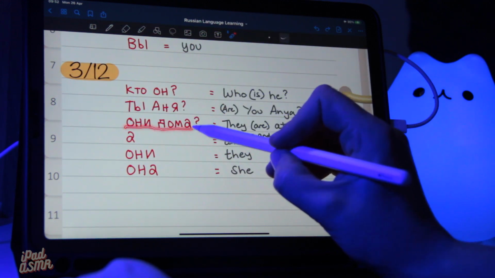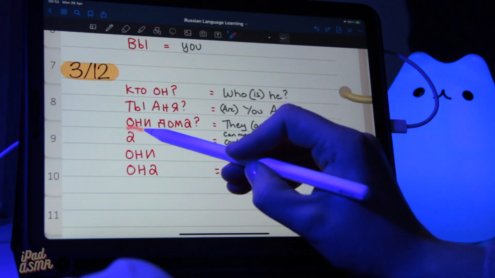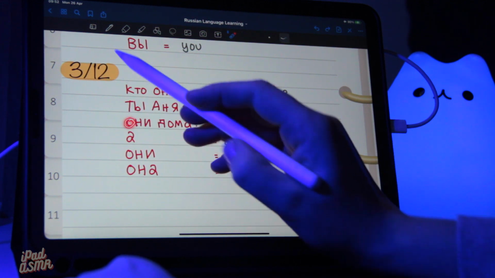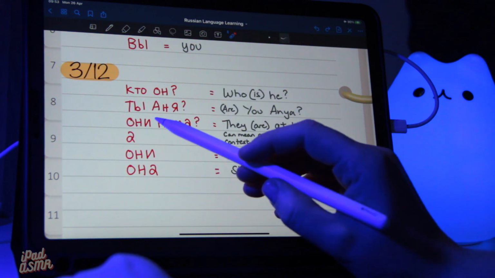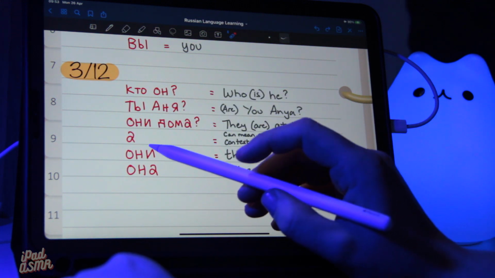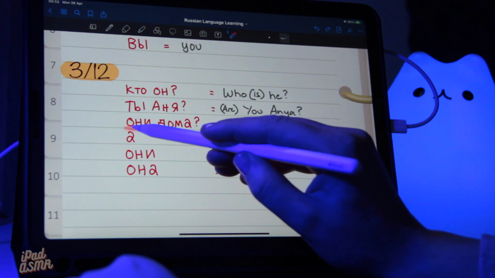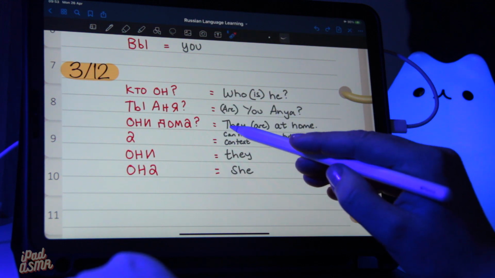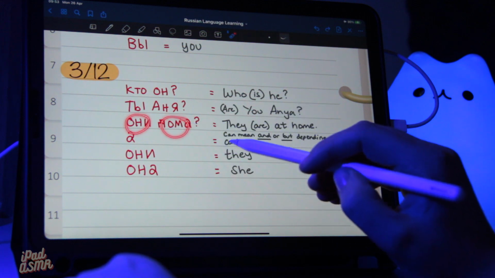Oni doma, and the O becomes an A. I haven't got to the bottom of why this happens yet, but all I know is instead of oni, it's ani doma, and that means they are at home, or they home.